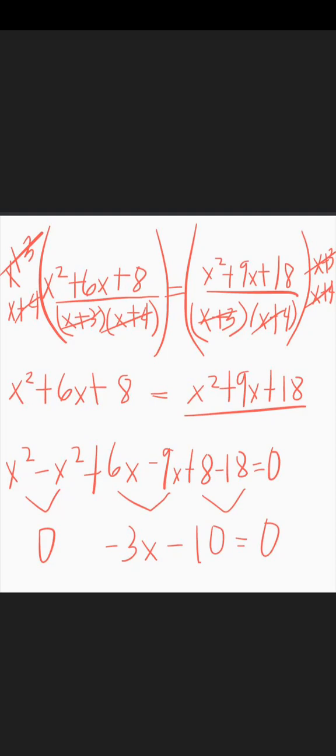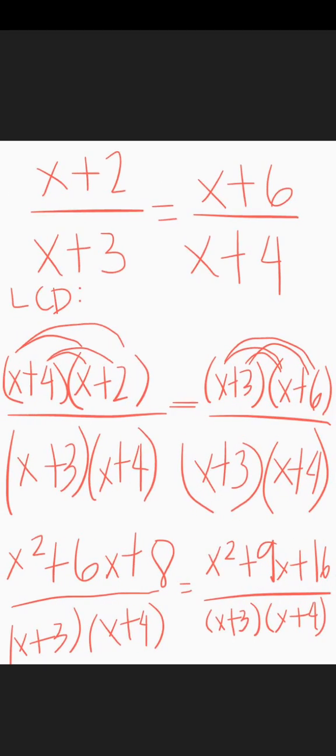Because when we transpose, the sign of the original variable or coefficient becomes its opposite: when positive it becomes negative. So that will leave us negative 3x minus 10 is equal to 0.